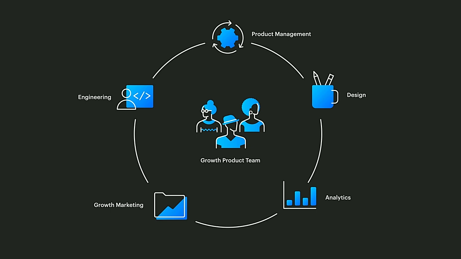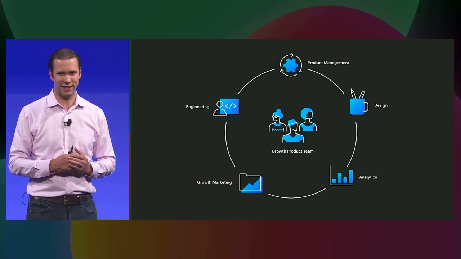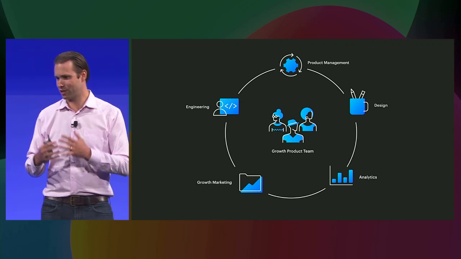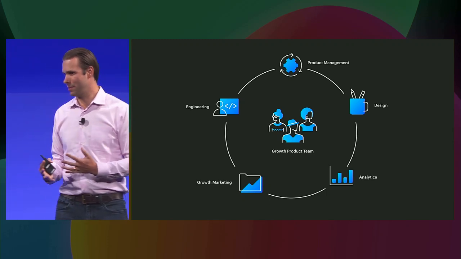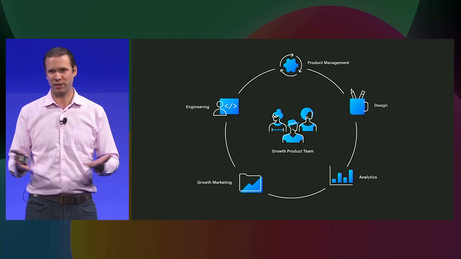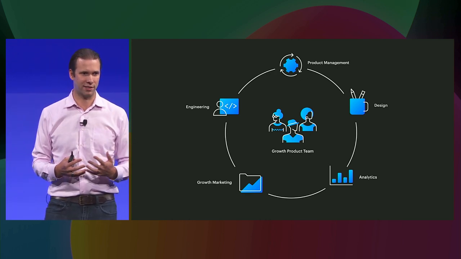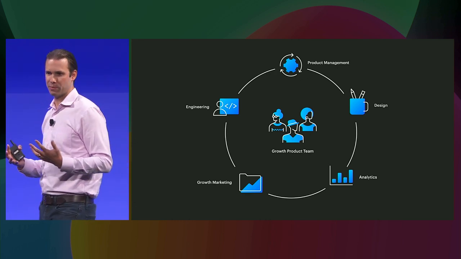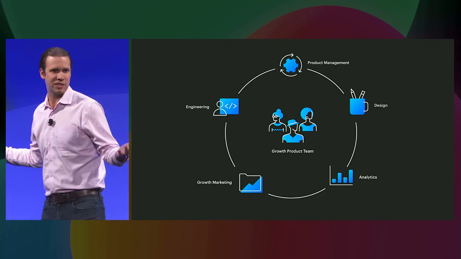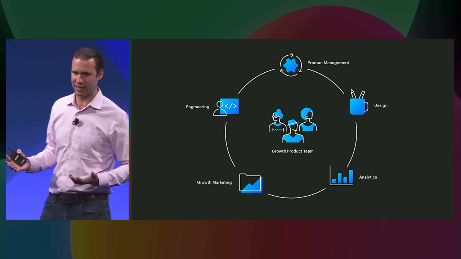The other thing that's fundamental about this idea is that everyone on that team is bought into the idea that their job is to drive growth. Their job is to help make sure that people can actually successfully use the product. So often, this responsibility is shared by 14 different teams, and none of them really take it seriously.